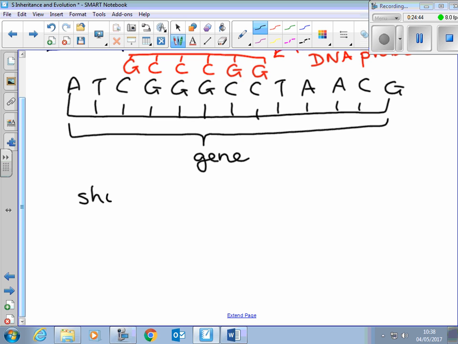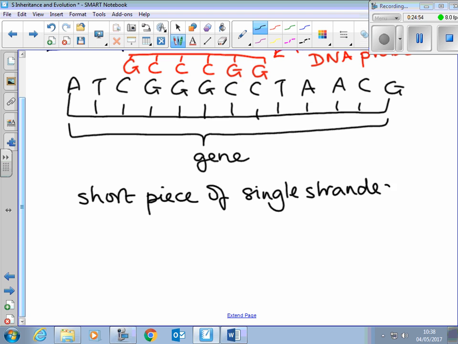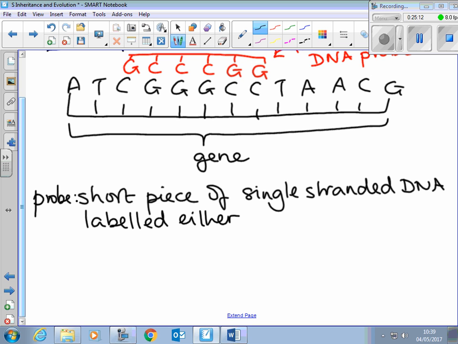So it's a short piece of single-stranded DNA. I should say this is what the probe is. Sorry, I'm putting that on the beginning. So the probe is a short piece of single-stranded DNA labelled either with, well, I've actually given you examples in the notes.